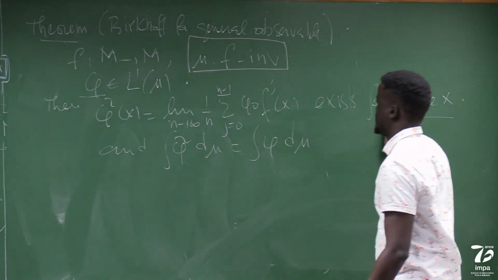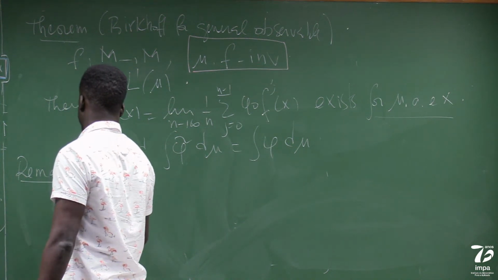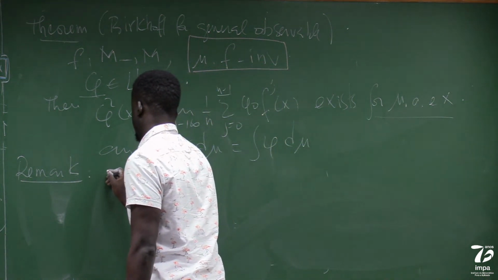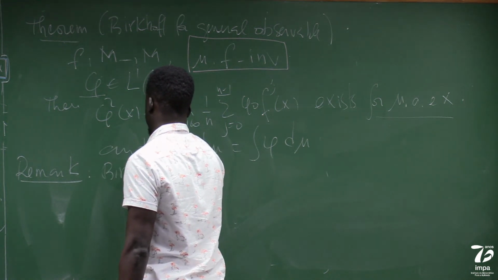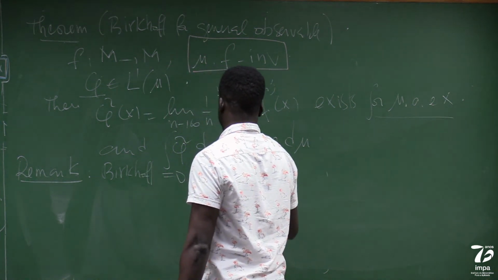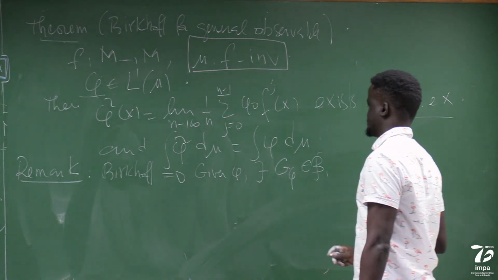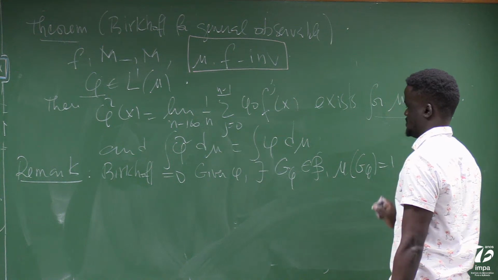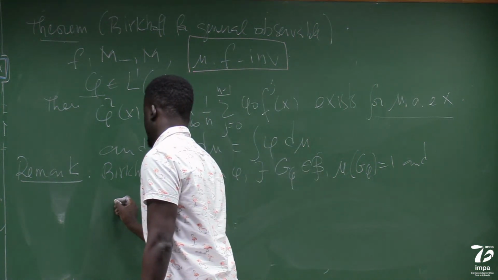So a remark: the Birkhoff theorem says that given phi, there exists a Borel set G phi such that mu of G phi equals 1, and in G phi you have convergence.